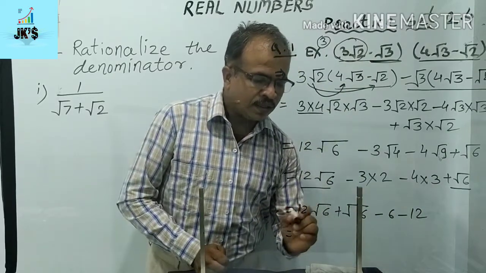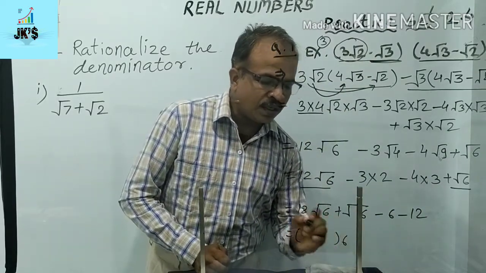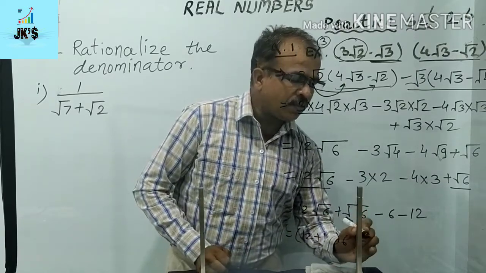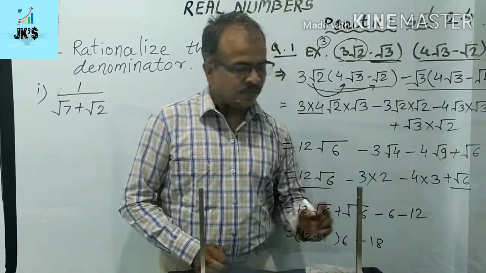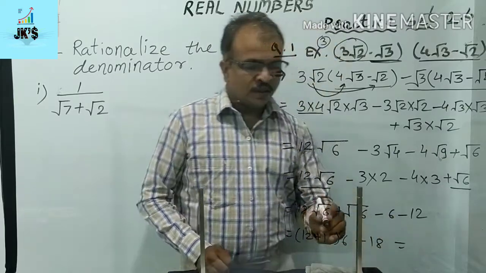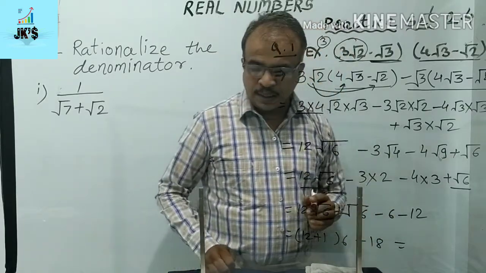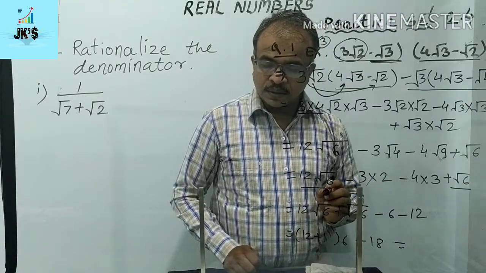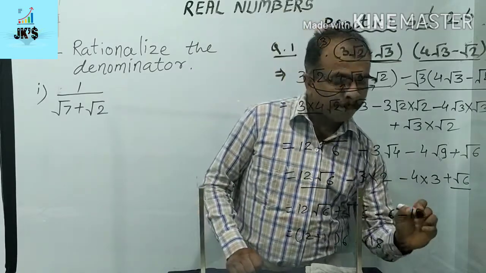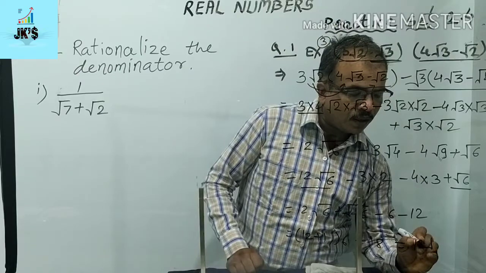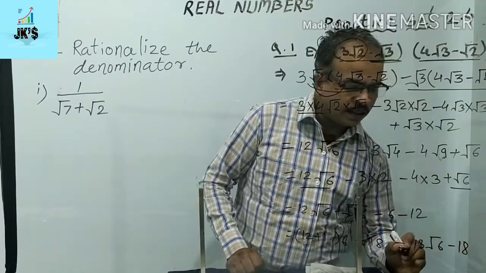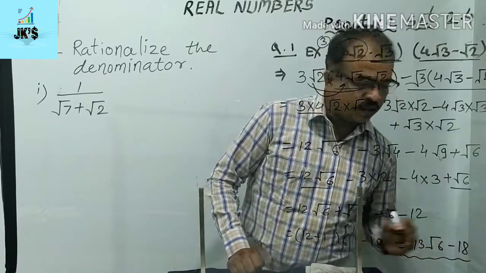So we take √6 common here: 12 plus 1, and minus 6 minus 12 is minus 18. So what happened? 12 plus 1 is 13. 13√6 minus 18. This is our answer.